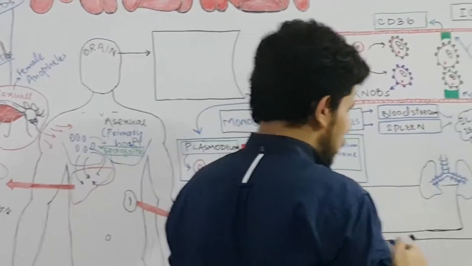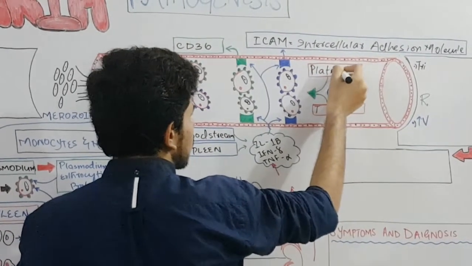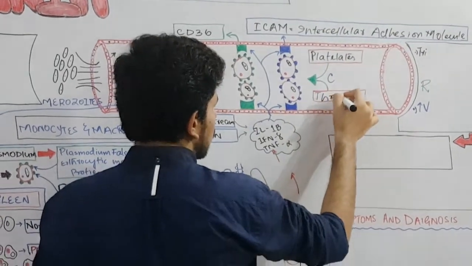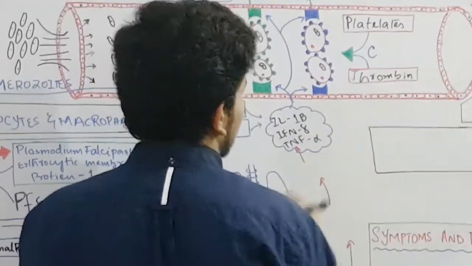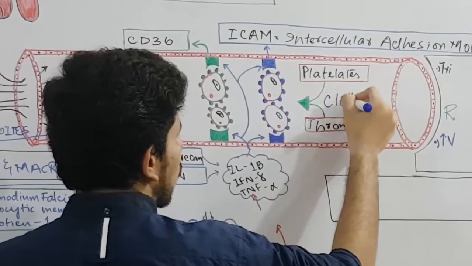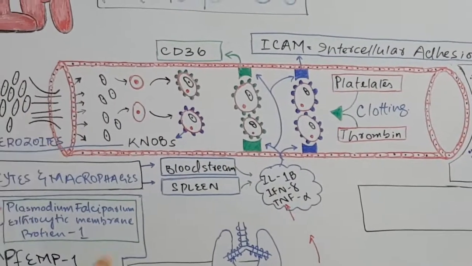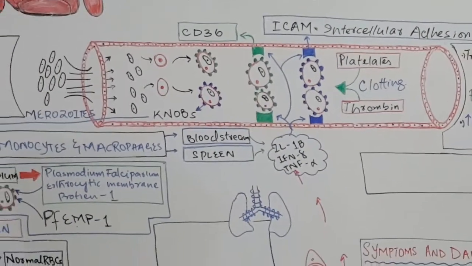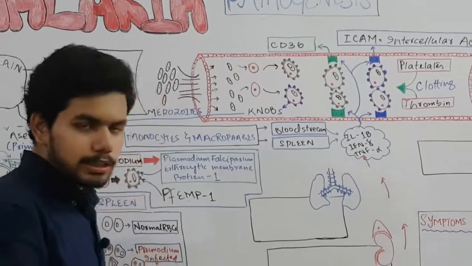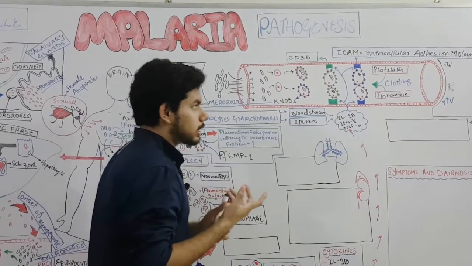And what happens? In the presence of platelets and thrombin, which is a coagulating factor, it induces the clotting of RBC, and this clotting of RBC completely restricts the blood from entering into the tissue, or you can say it decreases the tissue perfusion and induces ischemia, a severe ischemia.